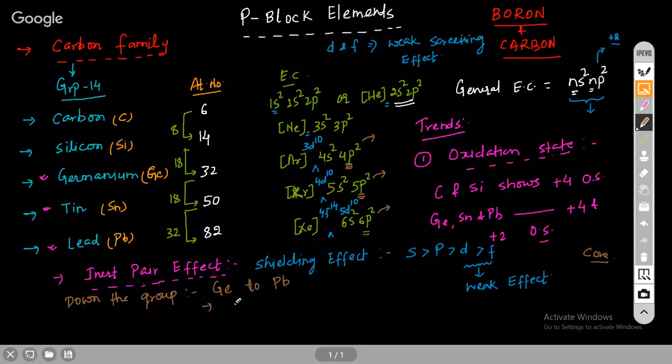Write down here, tendency to form +2 oxidation state increases and tendency to form +4 oxidation state decreases.